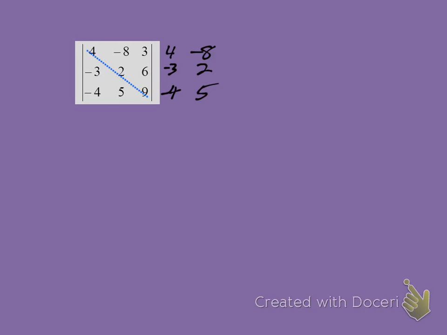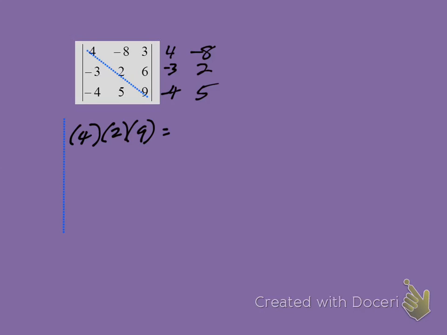Kind of like that. And when you draw that line, you're going to multiply all of that. So 4 times 2 times 9.